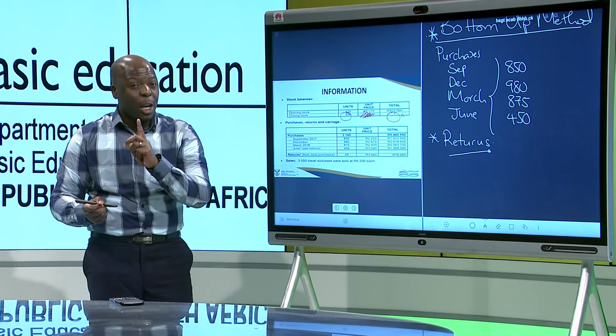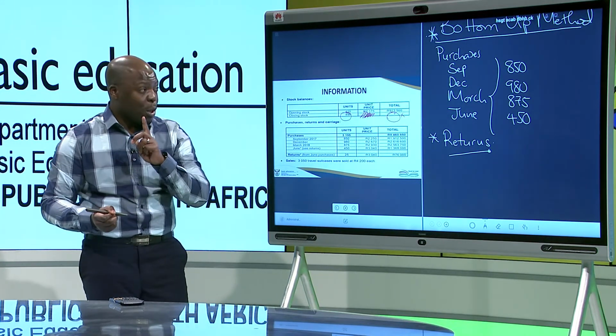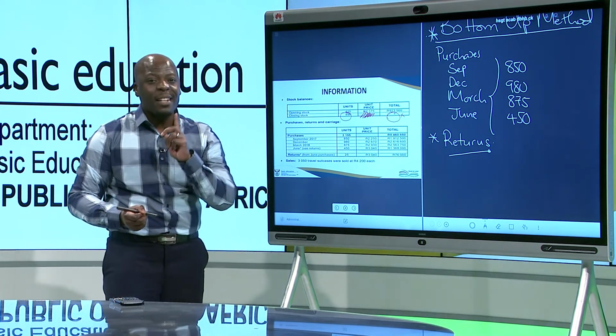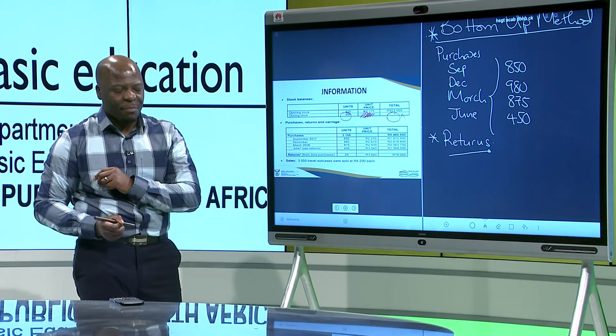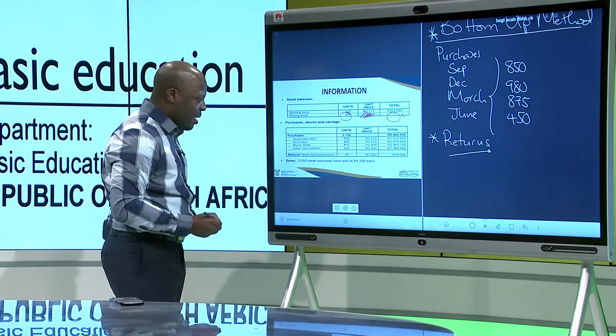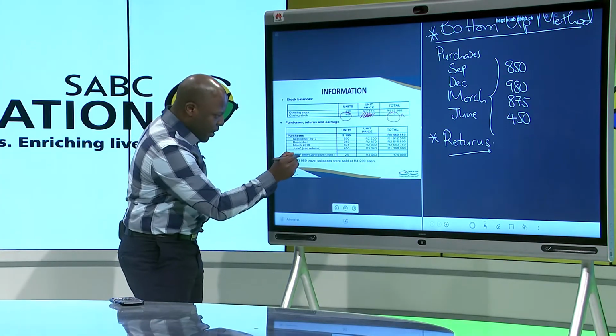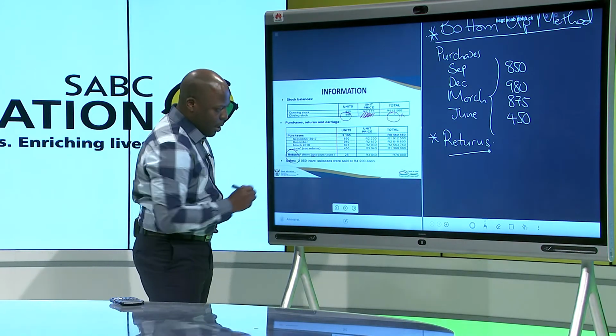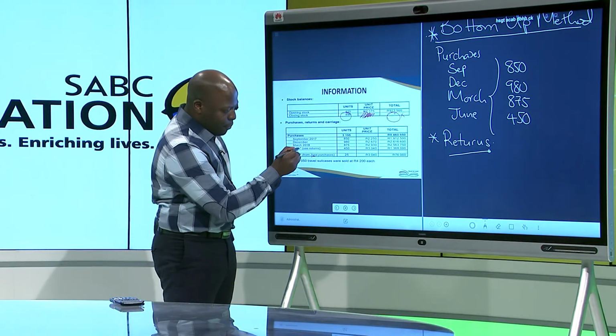So you need to be very cautious when you're dealing with your FIFO. You need to look for any units which would have been returned to the supplier. In this particular case, what is the examiner saying? Returns. Very important. They want us to focus on the month of June.